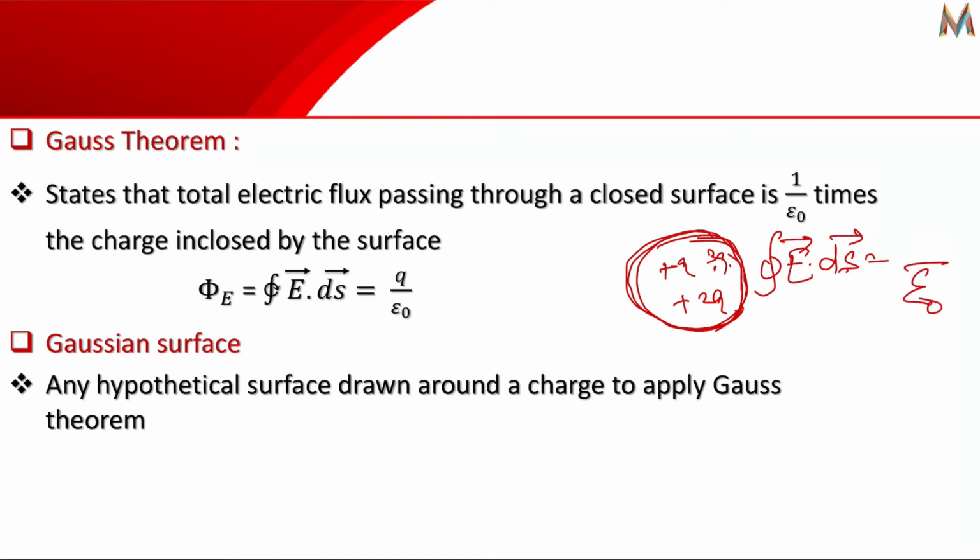The total charge enclosed is 3q plus 2q plus q, which by additivity is 6q, so the flux is 6q by epsilon naught. So this is the Gauss theorem.